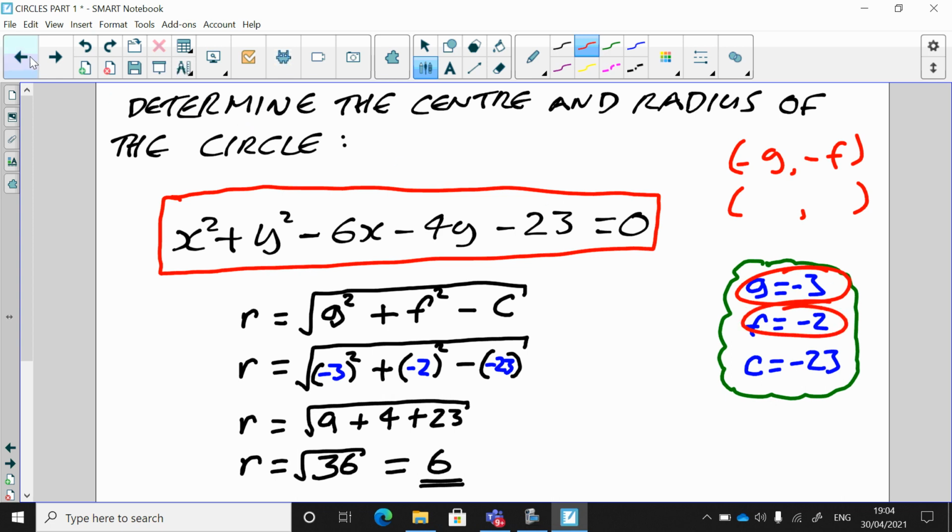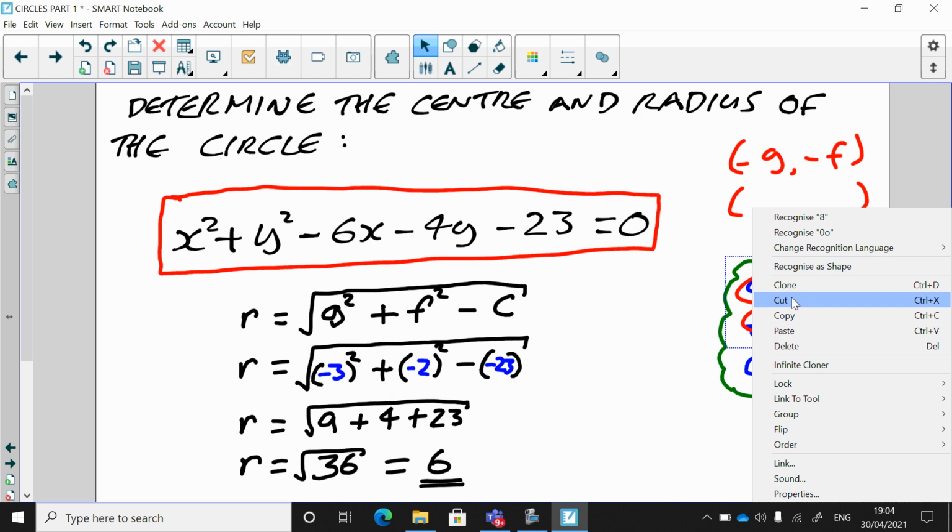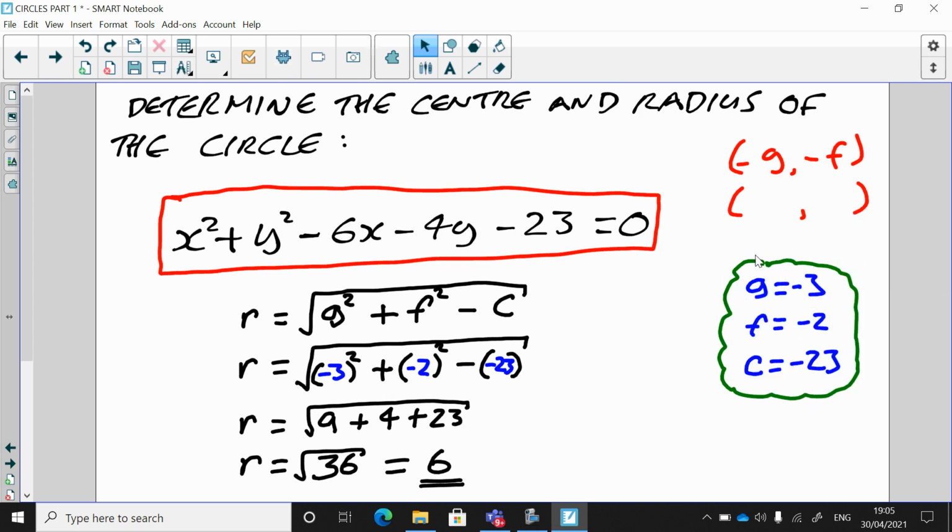I'm just going to change the signs of those. So negative g, so I'm going to go negative 3 and negative 2, so I am going to have 3 and 2. There you go. So there's my centre.